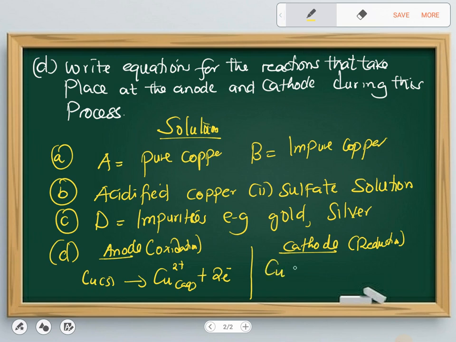So here we are saying the aqueous copper ions accept electrons from the anode, giving us copper, a solid, which is pure. So this copper here is pure.